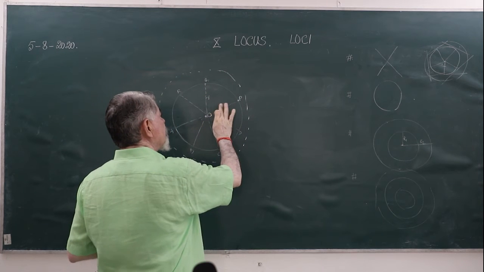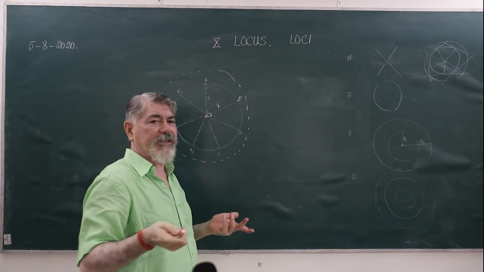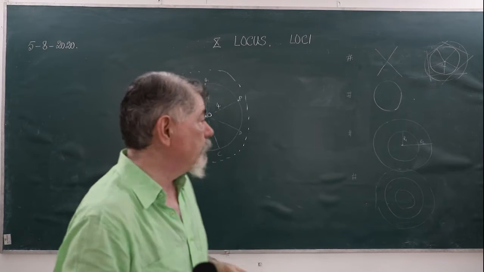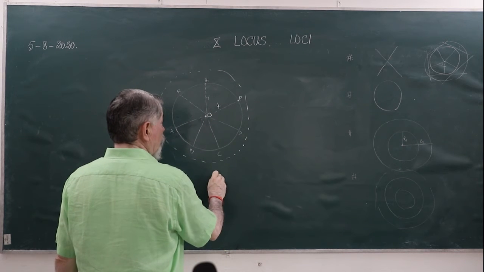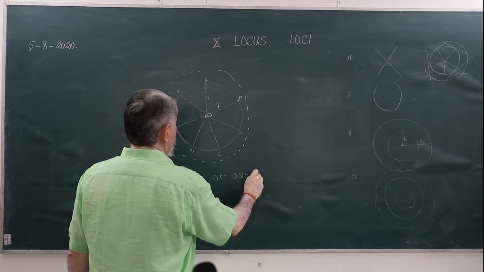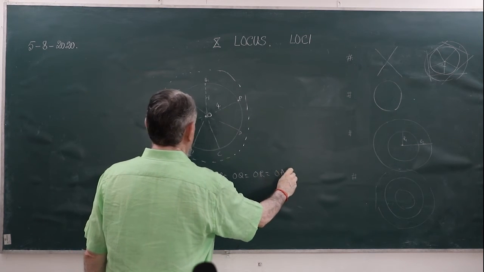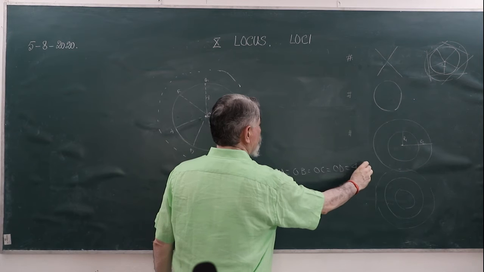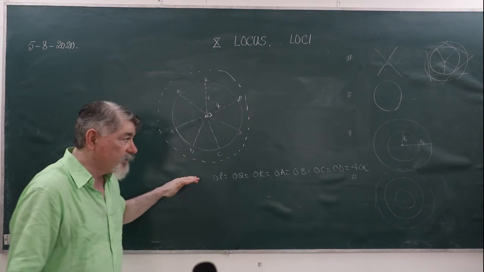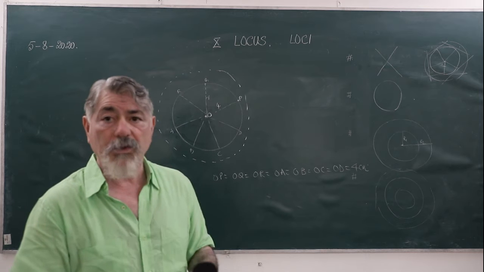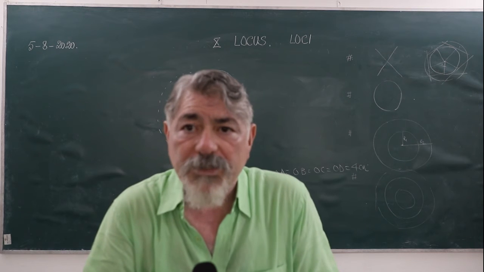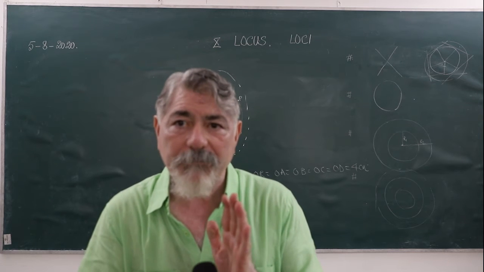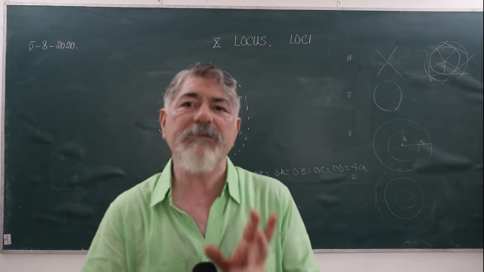That means if it is 4 centimeter, I'm just taking an arbitrary number 4, it is not necessary that the radius will always be 4, then all these distances, whether it is OP, OQ, OR, OA, OB, OC or OD, will all be equal to 4 centimeter. 4 centimeter means the same distance.